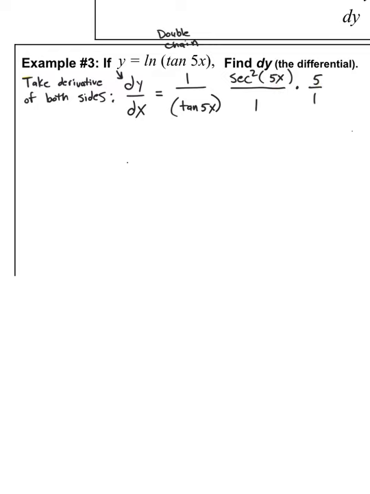Now let's simplify that. dy/dx, I'm going to write it as one fraction. On top I get 5 secant squared of 5x, and on the bottom I get the tangent of 5x. Our goal is to get dy by itself. So the second step is you multiply both sides of the equation by dx to get this dx to drop out.